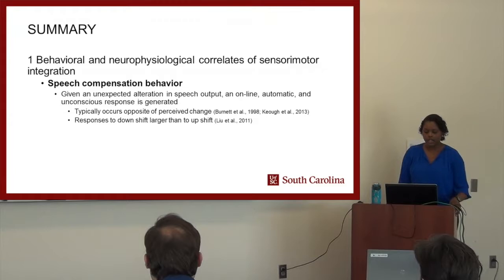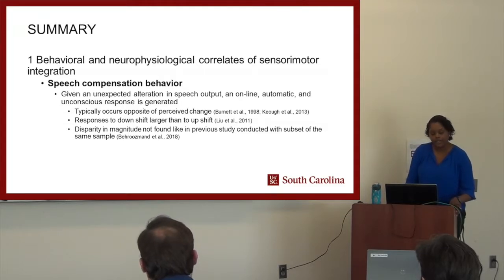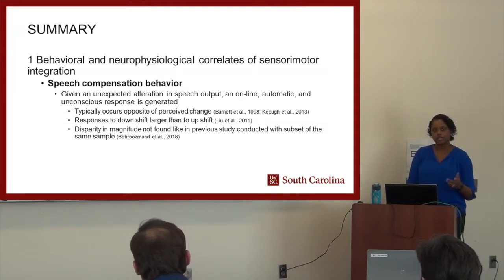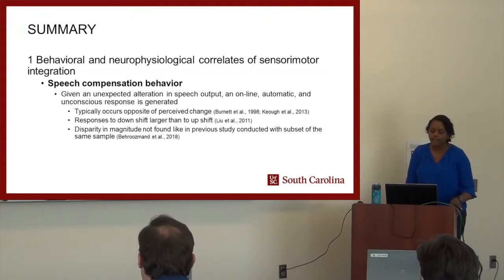We found that responses were larger to the downshift than to the upshift, and this has also been found in previous studies. However, we didn't find the same disparity in magnitude, like I showed you in one of those early figures. However, that analysis was done with a smaller set of individuals, and they also didn't control for differences in speech latency.